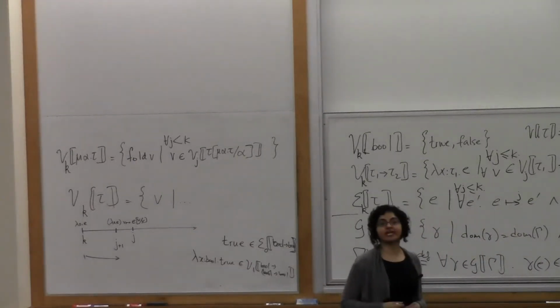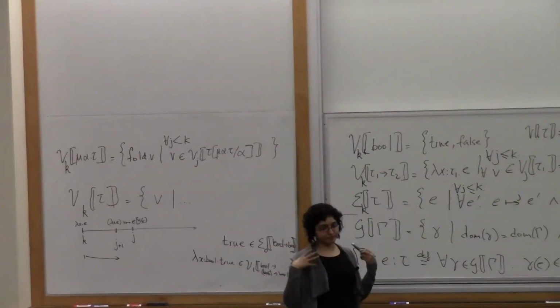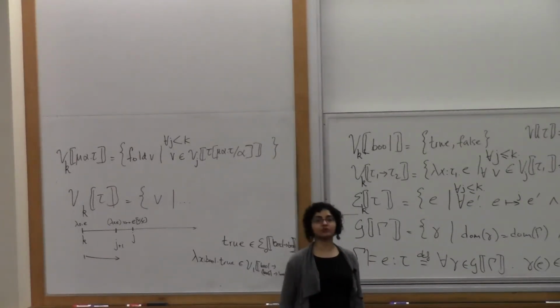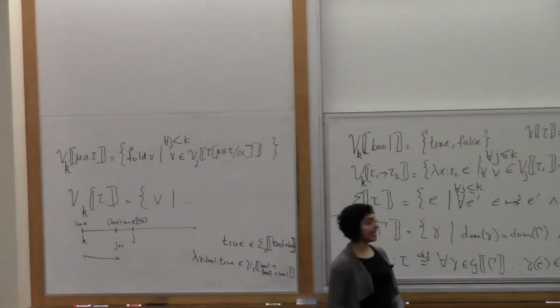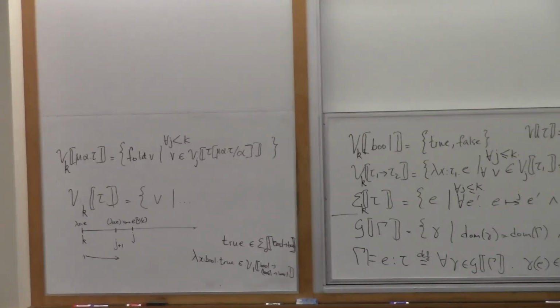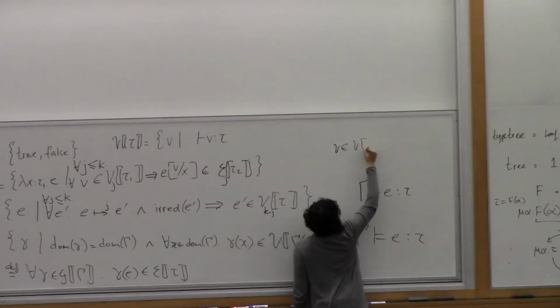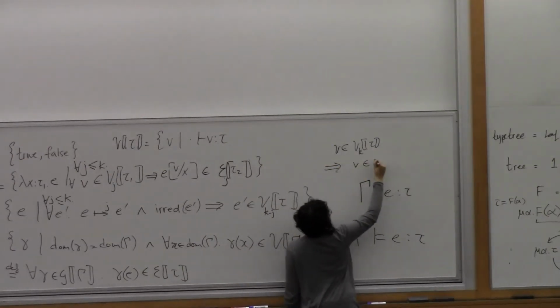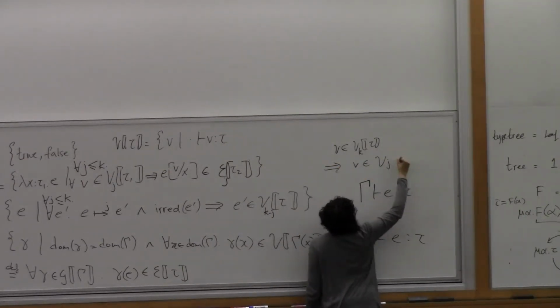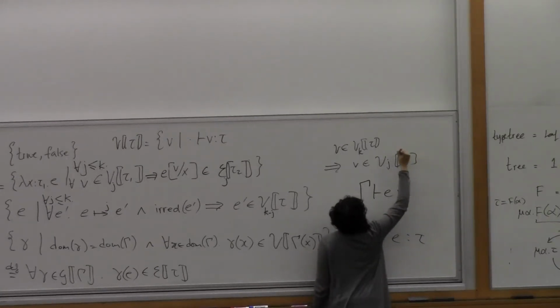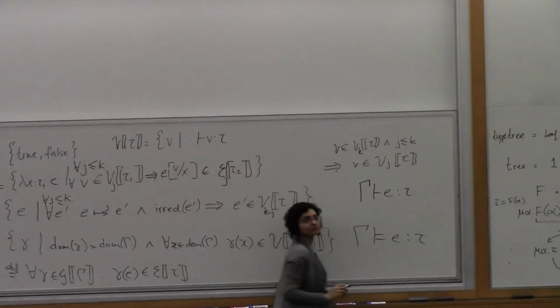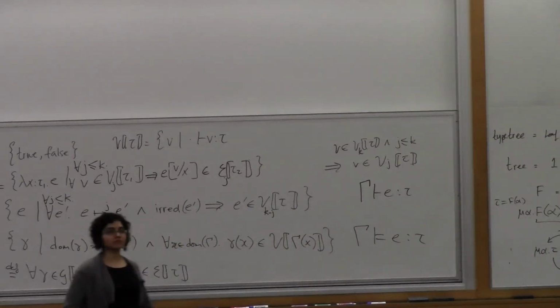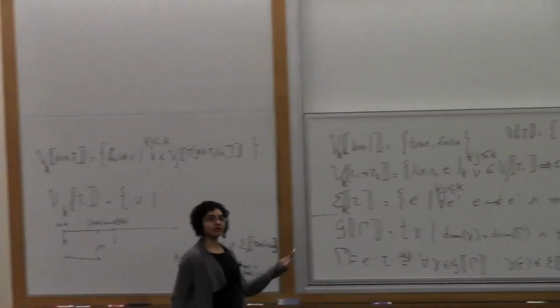And that intuition is captured by a lemma: the type interpretations are downward closed, or it's a monotonicity property. Anytime we have V belongs to V tau for k steps, we have to be able to prove that V belongs to type tau for j steps for any j less than or equal to k. Okay? You can call it types are downward closed or monotonicity. We're going to have to prove this lemma.